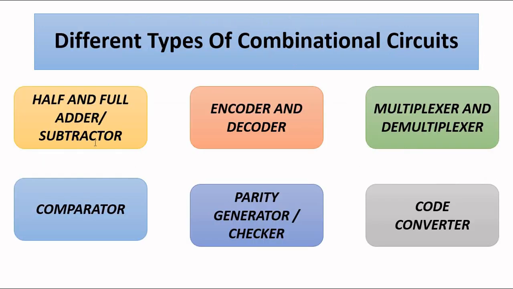Like I said, we have covered half adder, half subtractor, full adder. Now we will see the full subtractor. This constitutes the arithmetic circuits. Then there are other circuits as well, such as encoder and decoder, multiplexer, demultiplexer, comparator, parity generator and checker, and code converter, which we'll discuss in the upcoming videos.